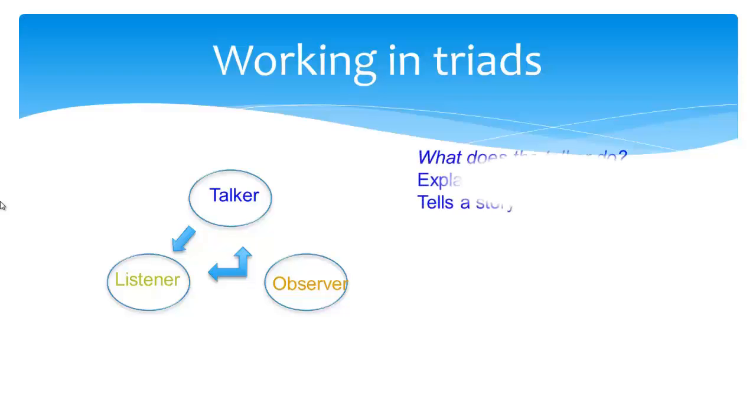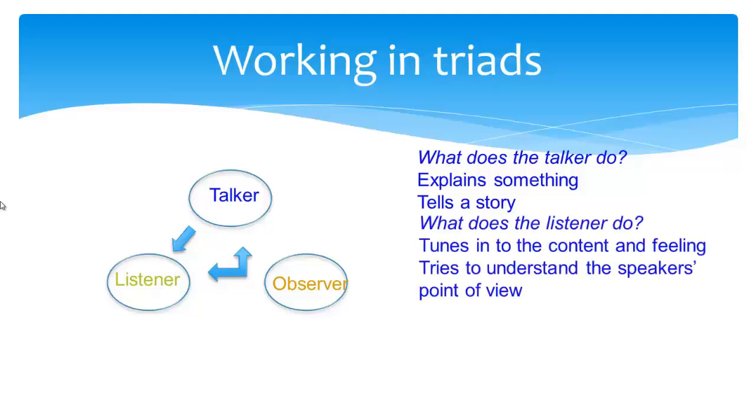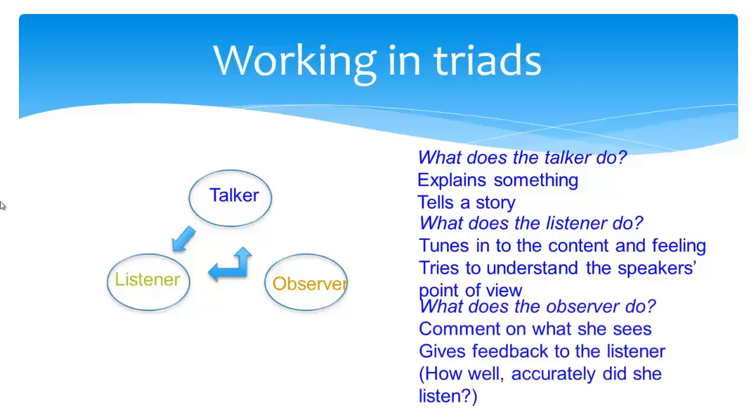The talker explains something, perhaps through storytelling, while the listener tries not only to understand the content of what is being said, but the feelings behind the content, and also make meaning of what the story is all about. The observer, on the other hand, will be concerned with the activities involved in the listening, look at the essentials, the eye contact.